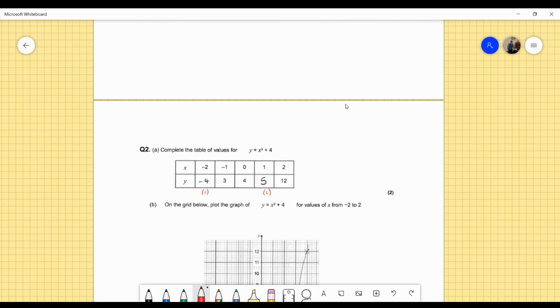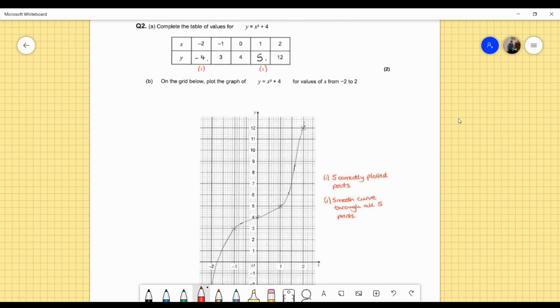So for question 2, again, we needed to complete the table of values for the graph y equals x cubed plus 4. So remember, you want to use bracket cubed plus 4 and then put each of the values inside the bracket to calculate them. And therefore you get a mark if you got minus 4 in the first one, and a second mark if you got 5 in the second one.